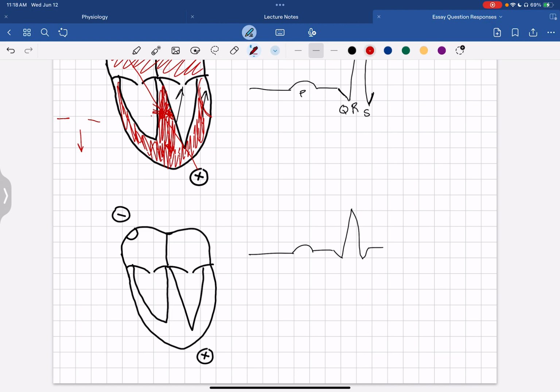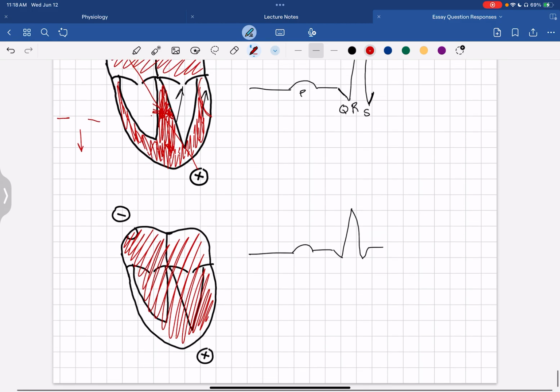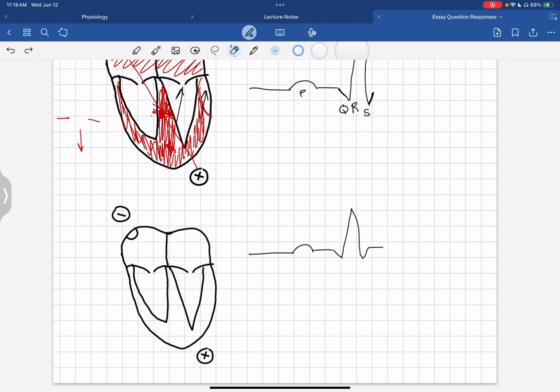Now, if we think the entire heart is now depolarized, we need to repolarize the heart and get it back to normal. And so as we do this, we're going to repolarize from epi to endo, meaning we're going to start here on the outside of the heart, and we're going to move in.